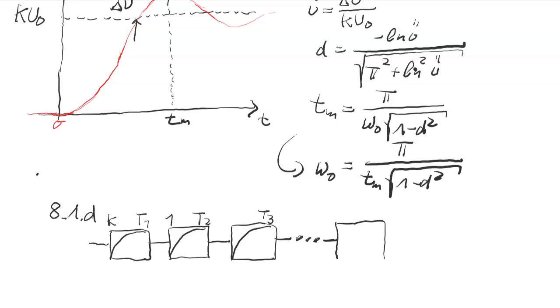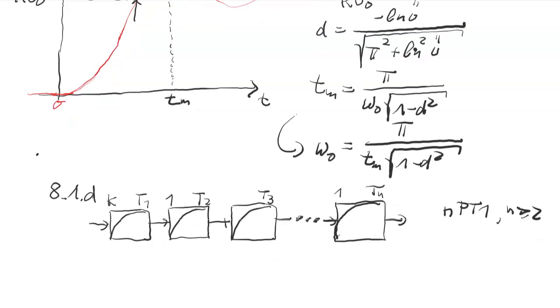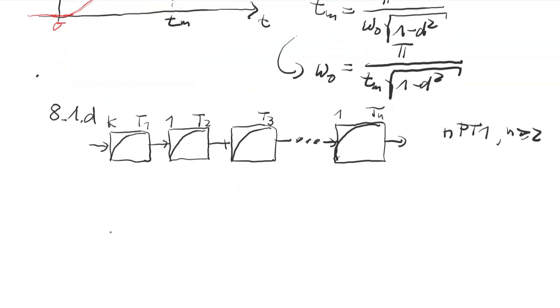This could be a chain of n PT1s, and I call this n. And this method works with an n which is larger than or equal to 2. If n is 1, go to 8.1.a, but n here could be any number.